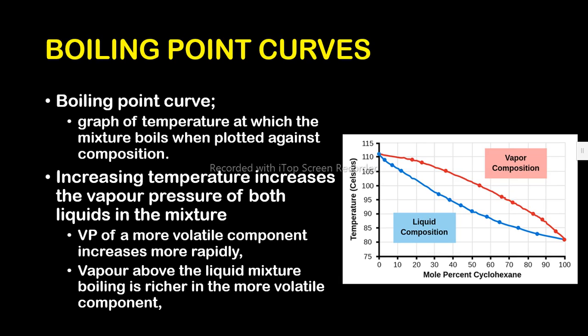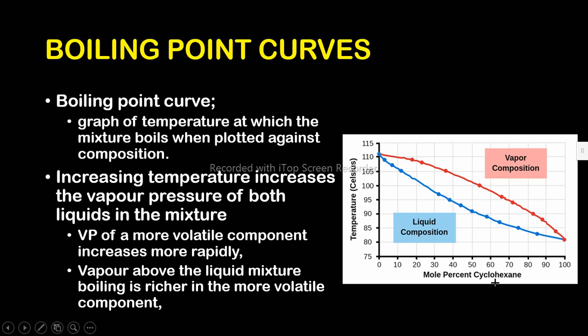So therefore, when you are plotting, this is the mole fraction of cyclohexane, and maybe this is cyclohexane and water, a mixture of cyclohexane and water.